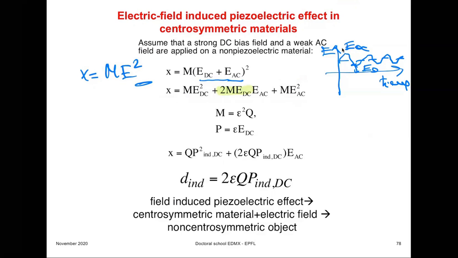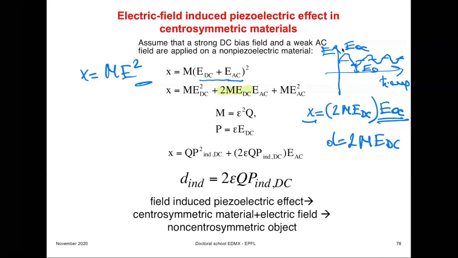Now, this is nothing else but the expression for piezoelectricity. This is a constant times AC field, strain, which is a function of AC field in a linear fashion. That's nothing else but the piezoelectric constant. So the equivalent piezoelectric constant here is equal to 2 M E DC.